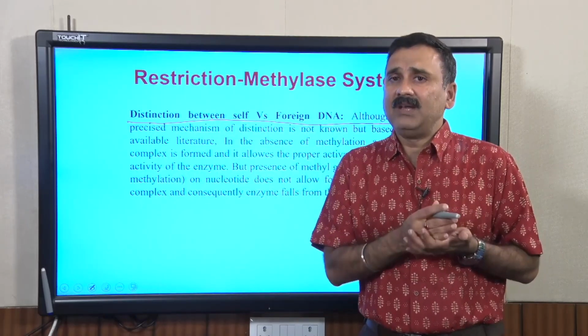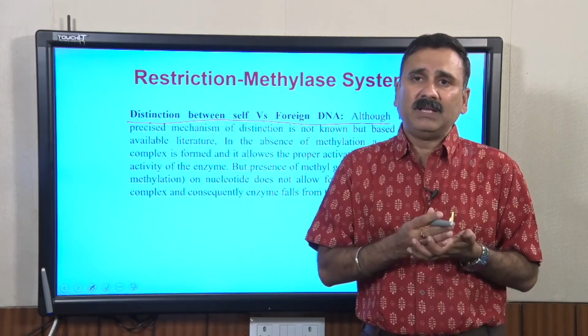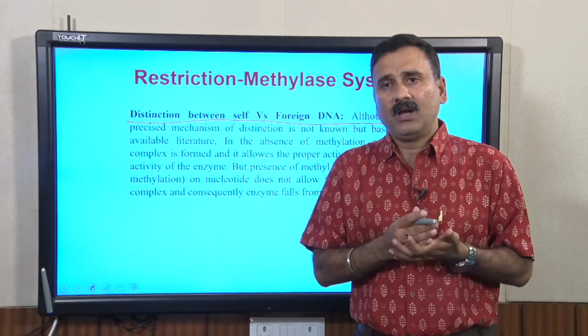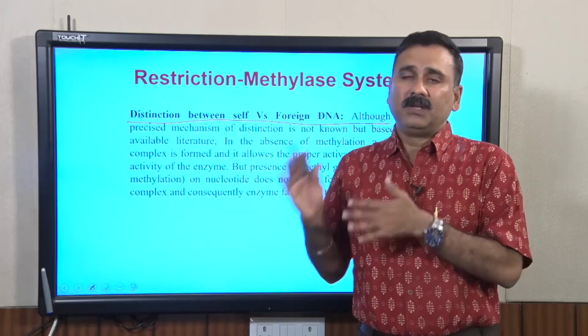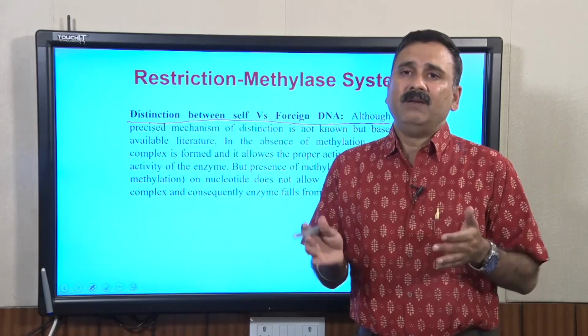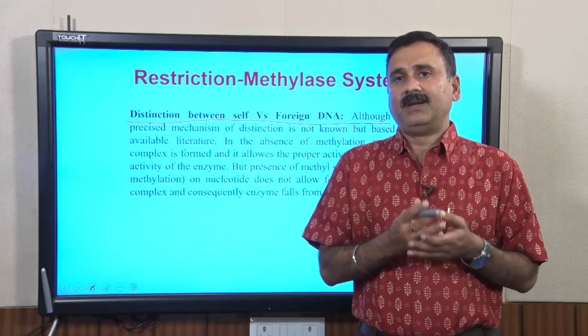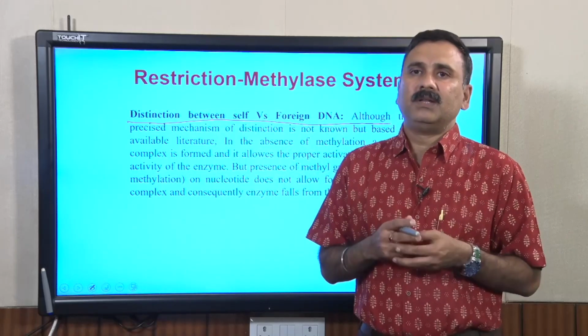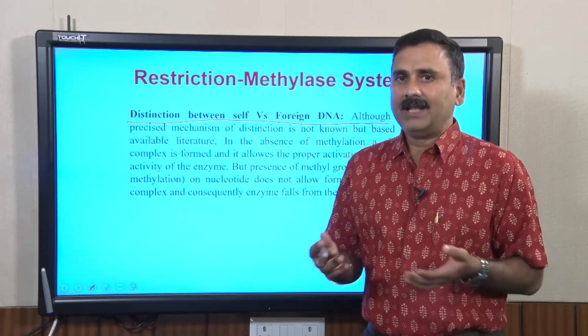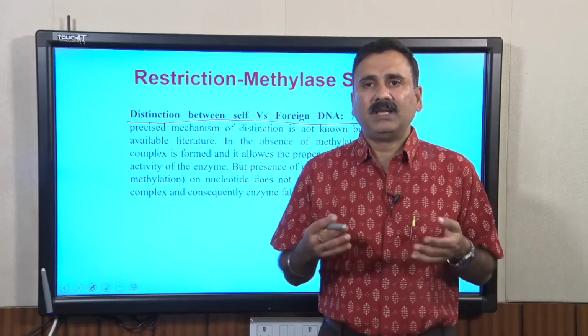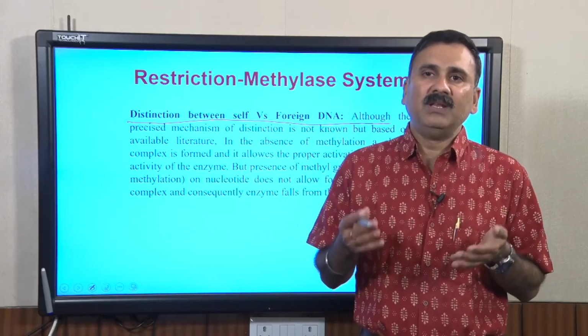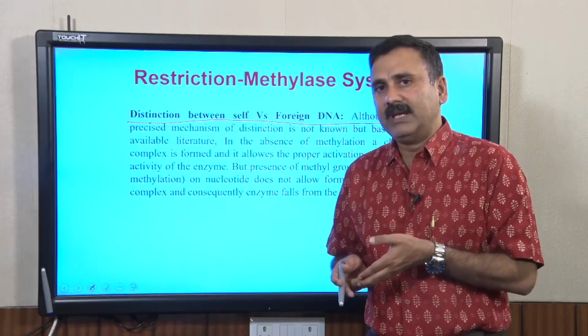So, if the same site is present in the hemimethylated or methylated form, it is considered to be self DNA. If the same site is present in the unmethylated form, then it is considered to be foreign DNA, and that is the way the restriction methylase system distinguishes between self and non-self DNA.